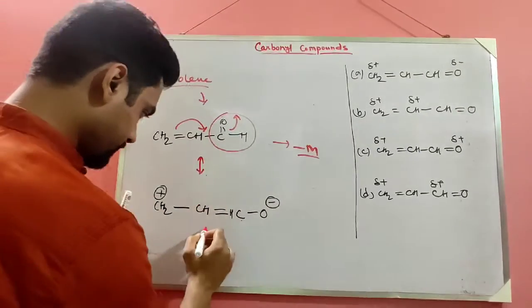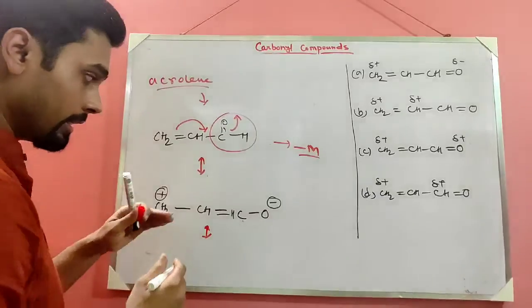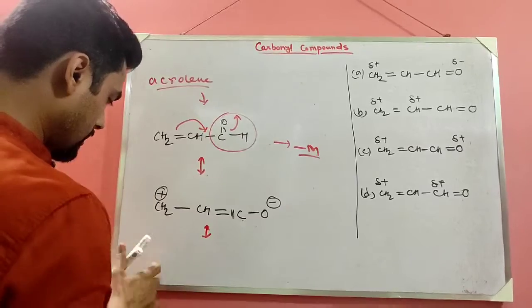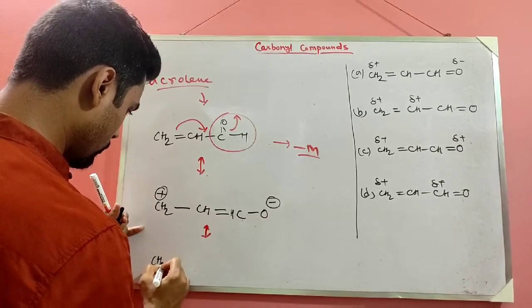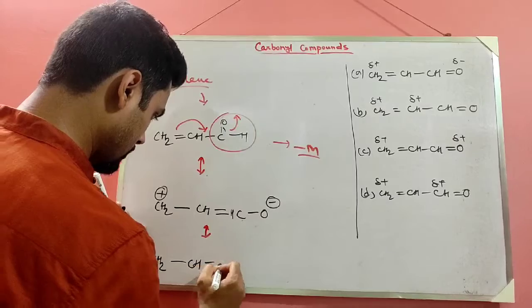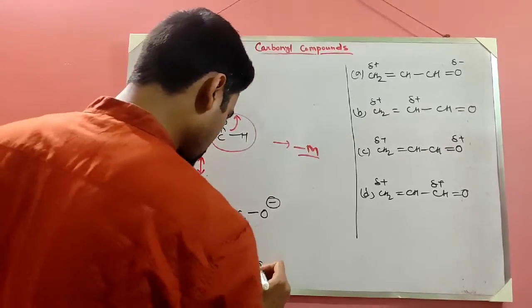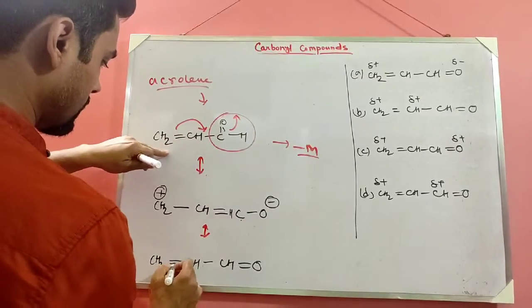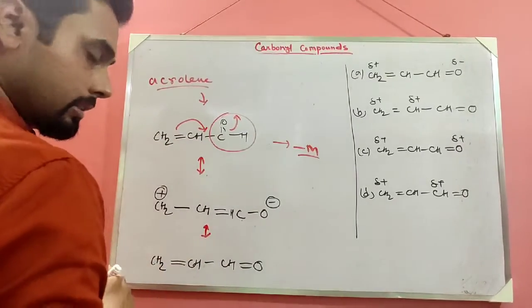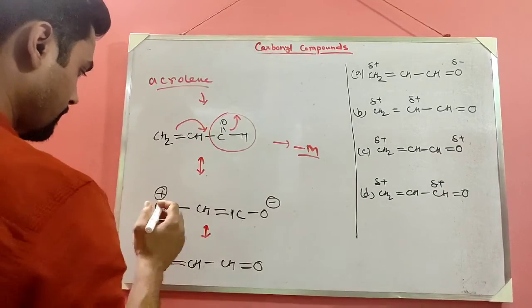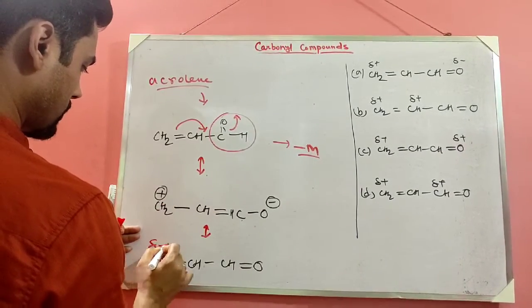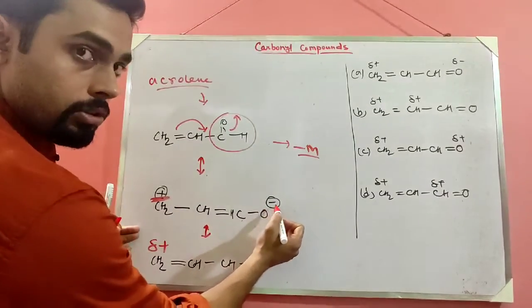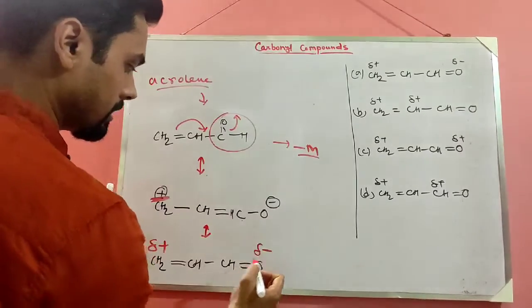If I draw it in the form of partial charges, we will write it like this. This compound gets a partial positive charge here, because the positive charge is here, and a partial negative charge on the oxygen atom.